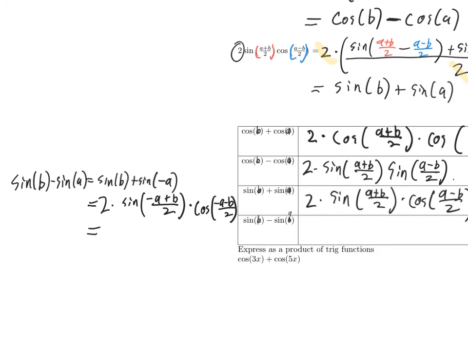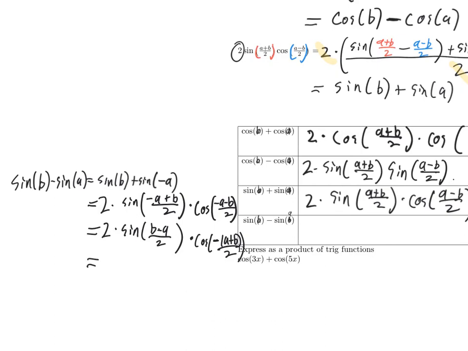Continuing to simplify. So that will become 2 times the sine of b minus a all over 2. And notice everything inside of that cosine has a negative in front of it. So this next bit I can simplify to cosine of negative a plus b all over 2.